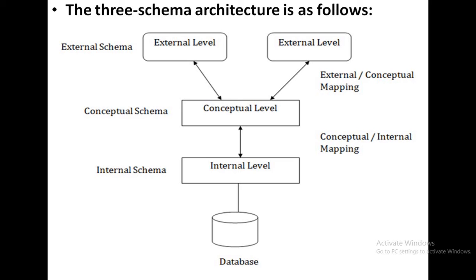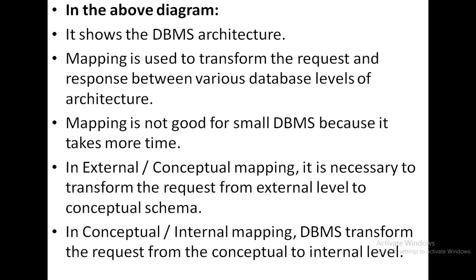Here the internal level is related with your database, the external level is related with your users, and the conceptual level is related with the different types of concepts we are using for interacting with our databases. So, we are going to discuss the levels one by one.